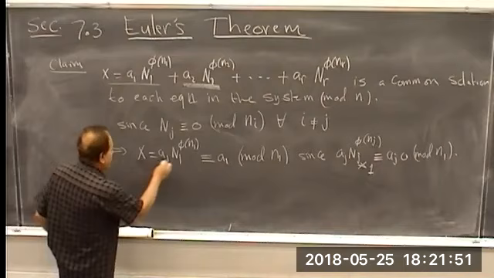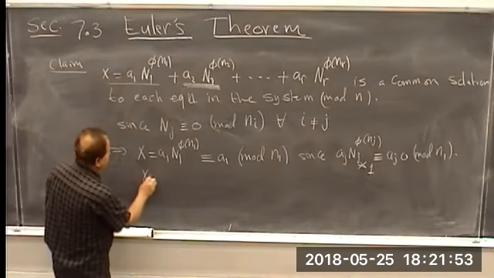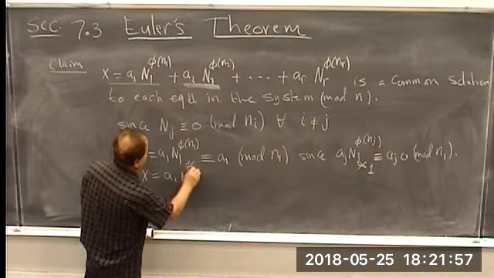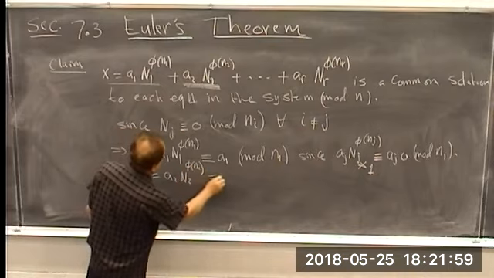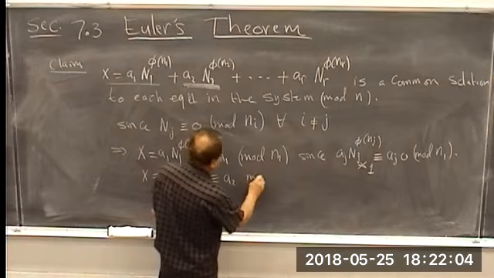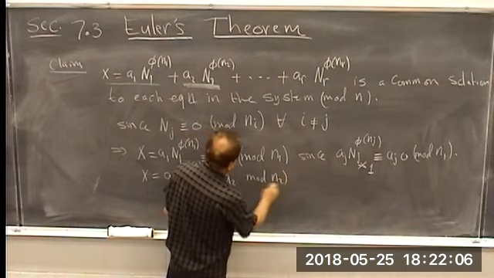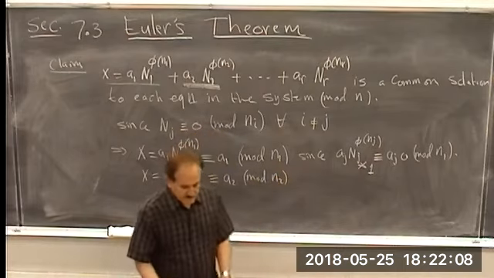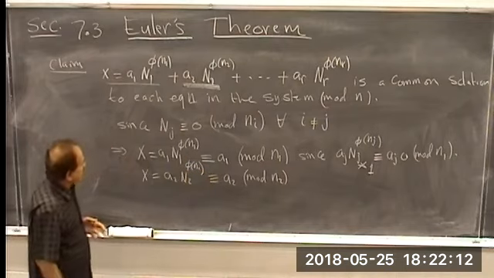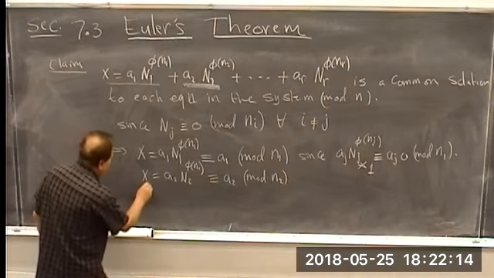And similarly for any one: x, which has the term a2 n2 phi of n2, is congruent to a2 mod n2, and so on.